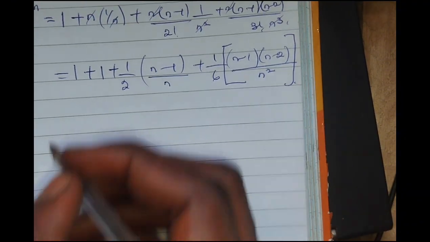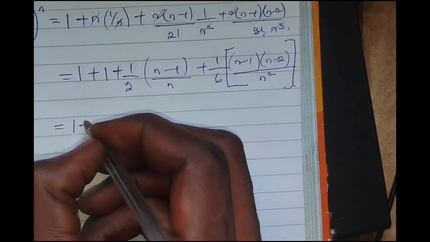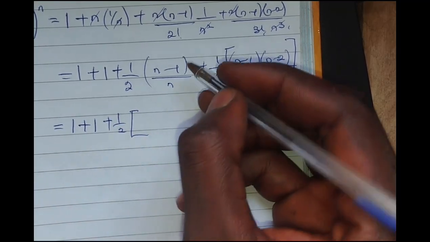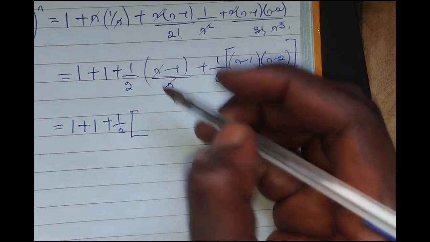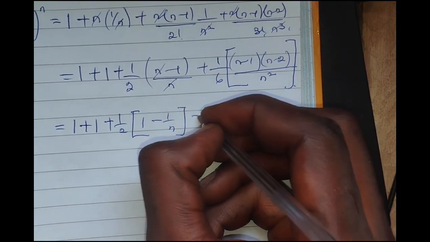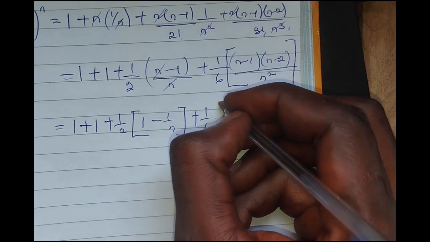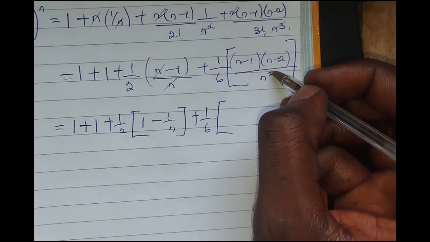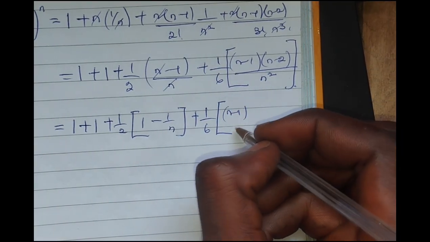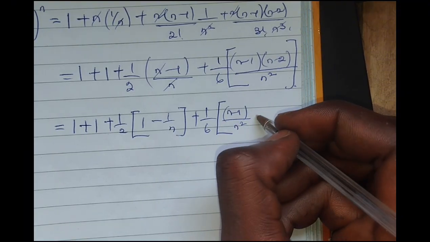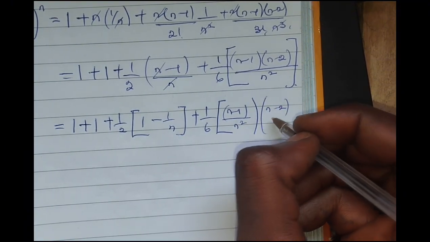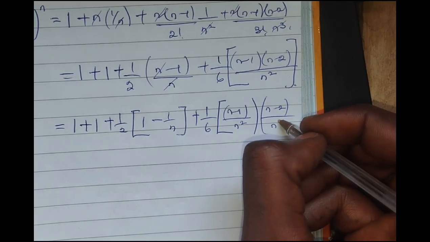and this will become 1 plus 1 plus 1/2 times, if I divide this by this, I get (1 − 1/n), plus 1/6 times, sorry, let me just separate that. We have (n − 1)/n times (n − 2)/n.